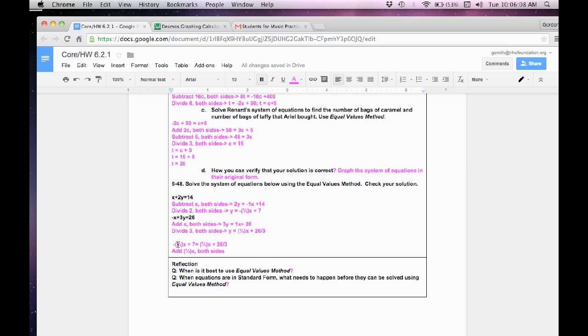What happens here is that because I'm getting rid of the negative, it's going to add to the 1/3 x over there. So we get 7 is equal to 1/2 plus 1/3. It's best to think of these not as thirds and halves, but as sixths.